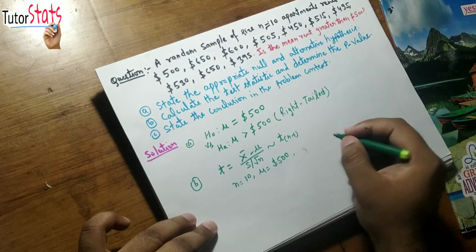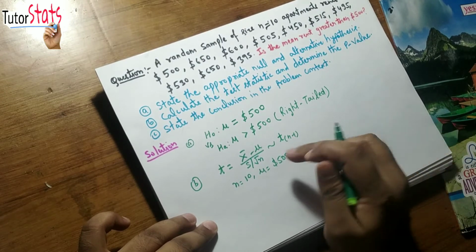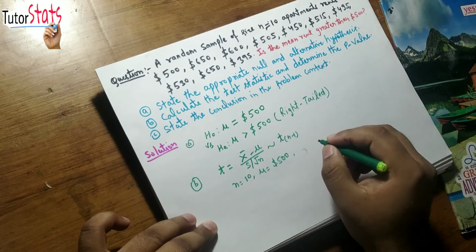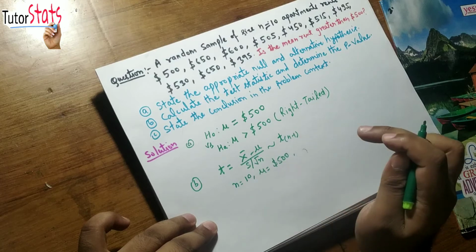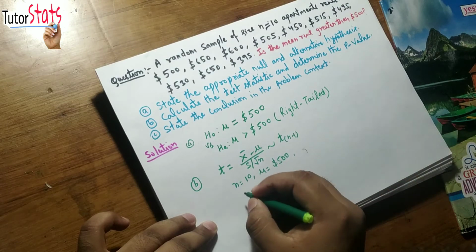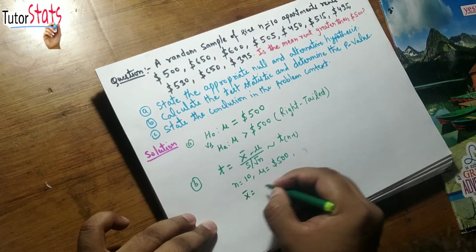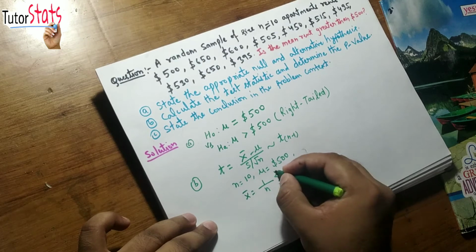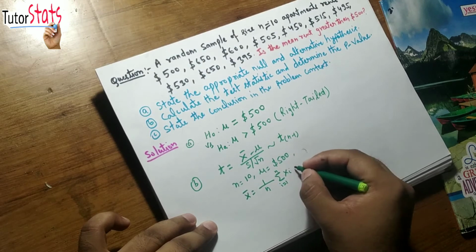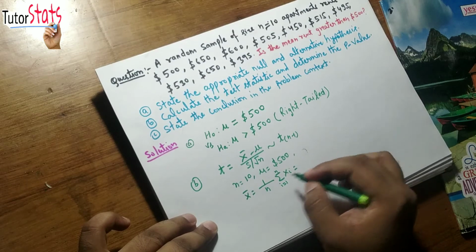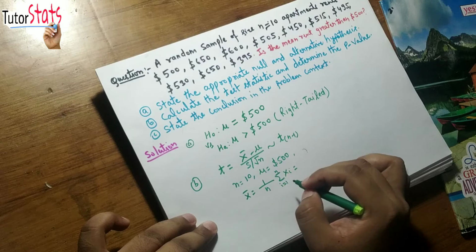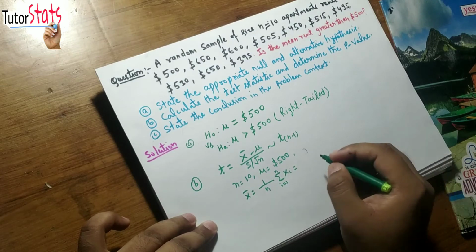X bar is the sample mean and capital S is the sample standard deviation. The formula of x bar is 1 upon n summation of 1 to n of xi. So by using this formula we can calculate the sample mean.